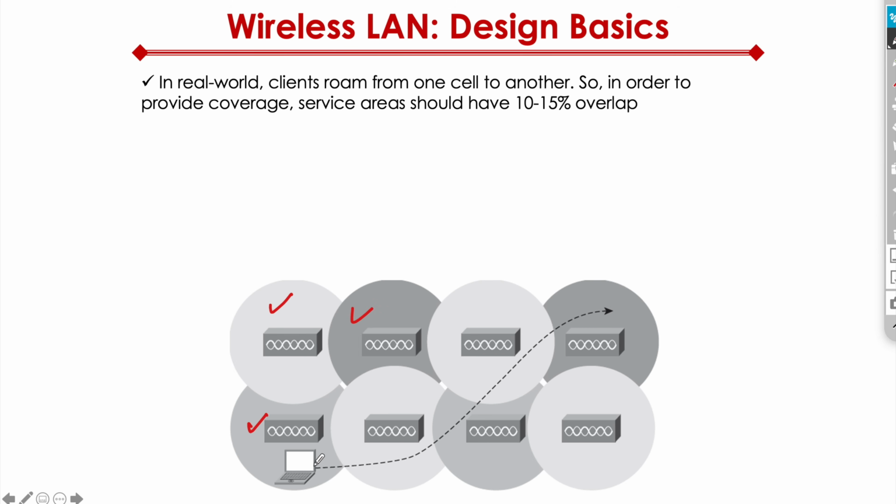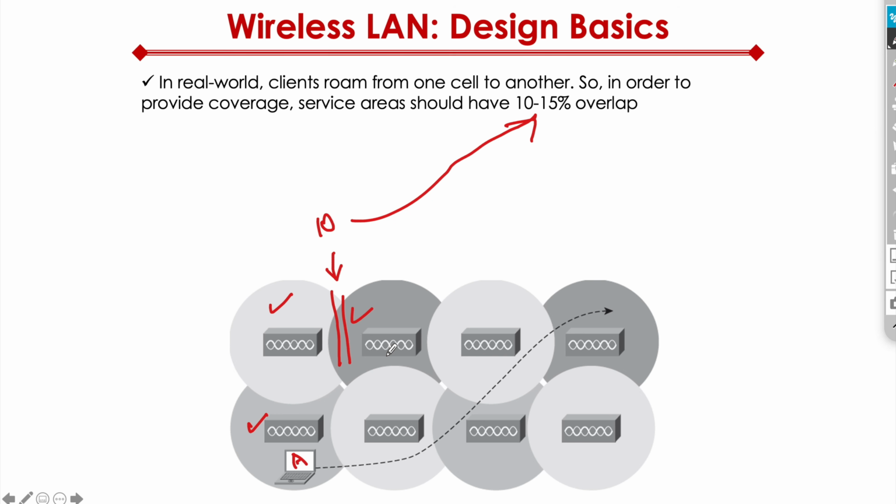And we've got a client A at the bottom here. As this client is moving around or roaming, when we place multiple access points in our environment like this, we want to make sure that there's at least 10 to 15% overlap of these signals to allow for transparent roaming.